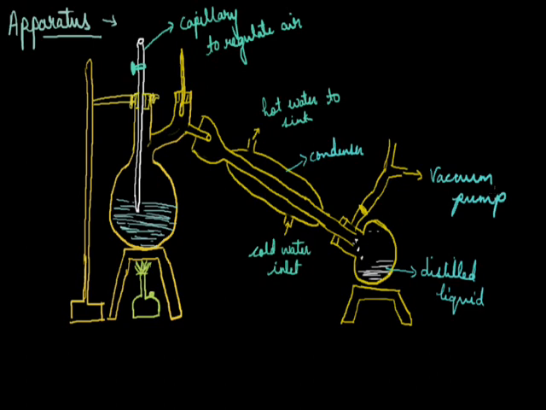Where the change is made, there is an insertion of a capillary tube, and from the receiver there is a connection to the vacuum pump, which controls the pressure of the round bottom flask, and the reduced pressure is maintained.